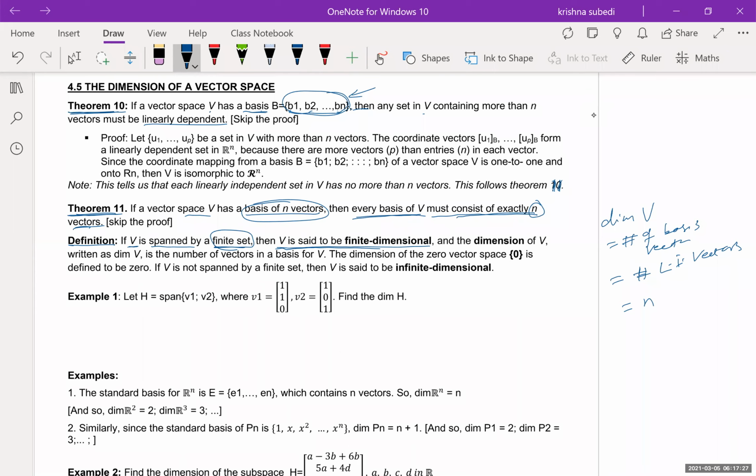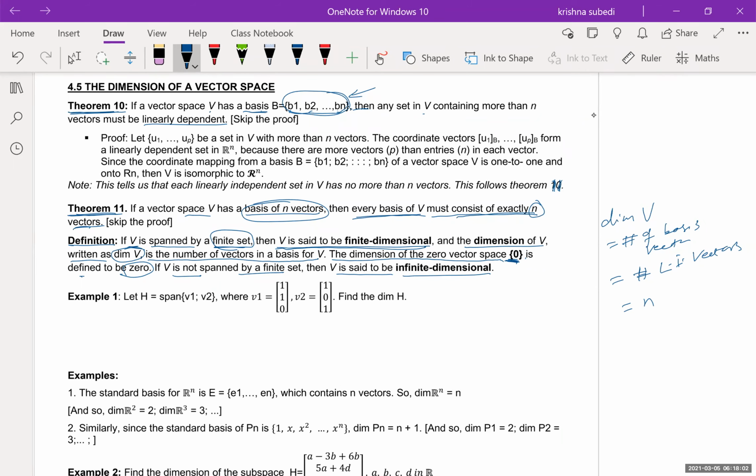Then V is said to be finite dimensional, and the dimension of V, written as dim V, is the number of vectors in a basis for V. Okay, the dimension of the zero vector space is 0. If V is not spanned by a finite set, then V is said to be infinite dimensional.